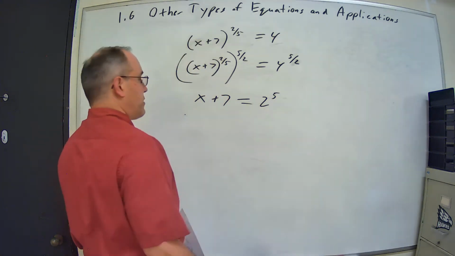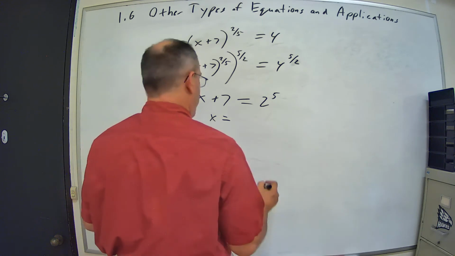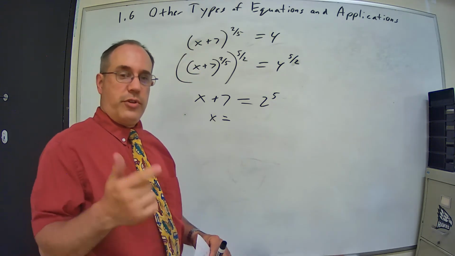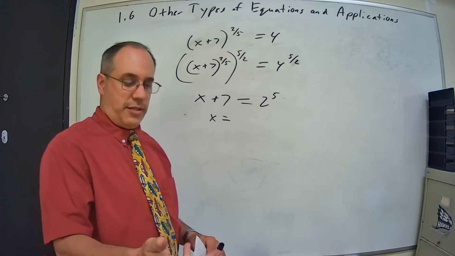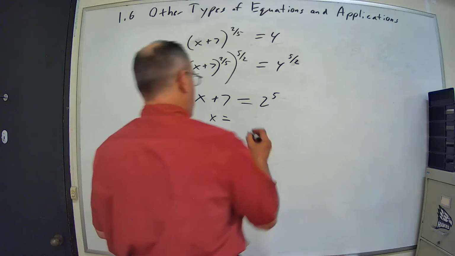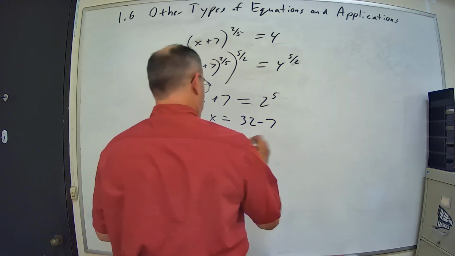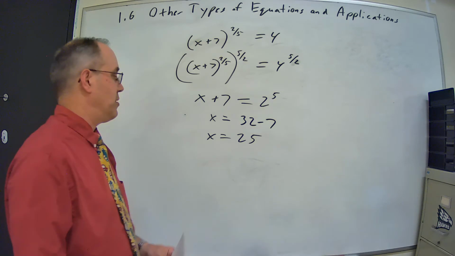I need to subtract 7 from both sides. x is equal to 2 to the 5th. Well, 2 to the 5th is what? 2 times 2 is 4, 8, 16, 32. So 32 minus 7. So x is equal to 25.